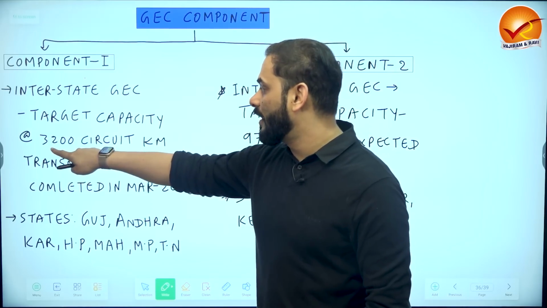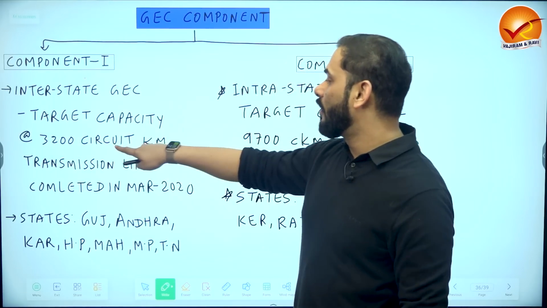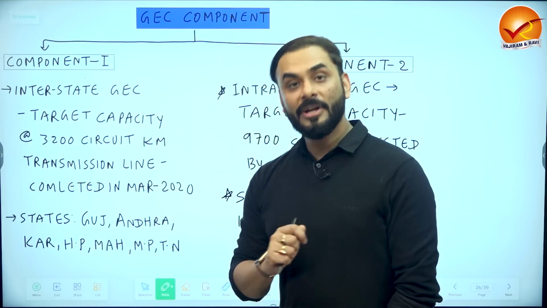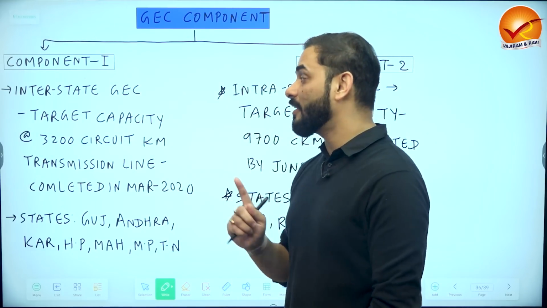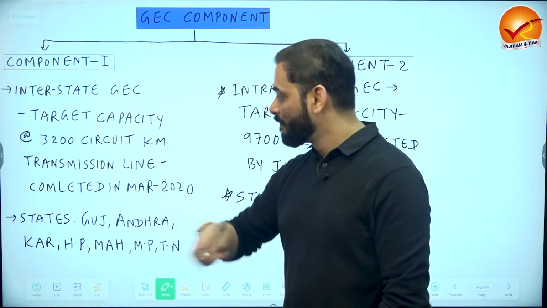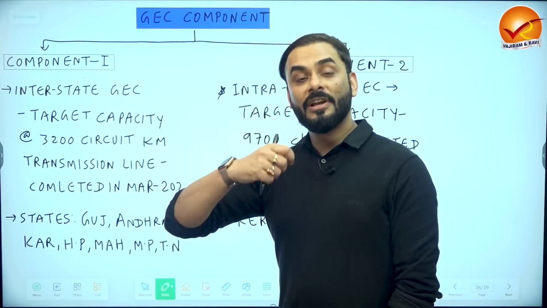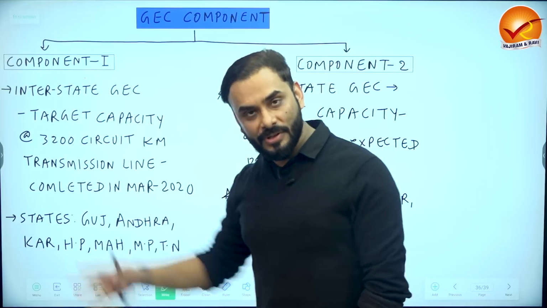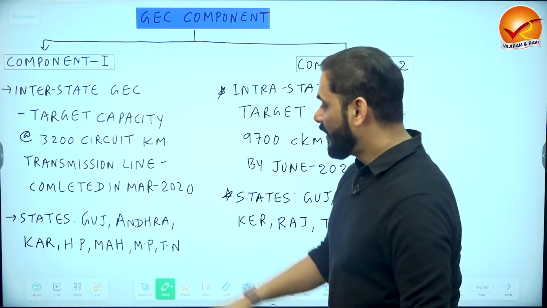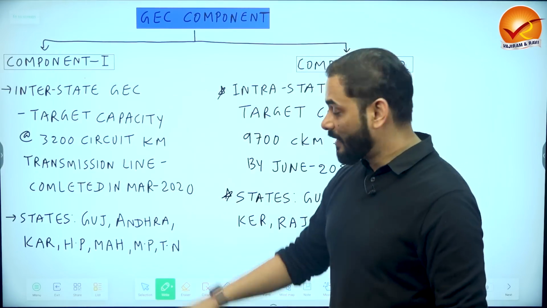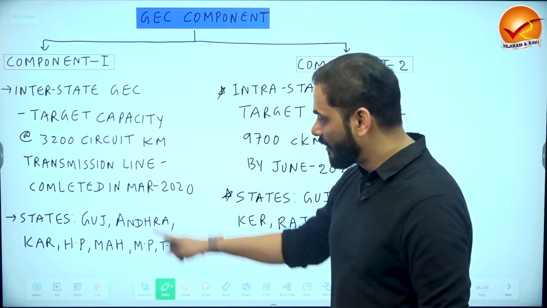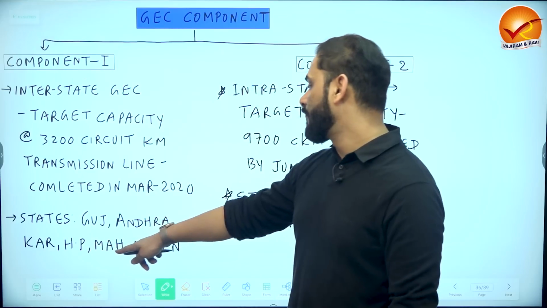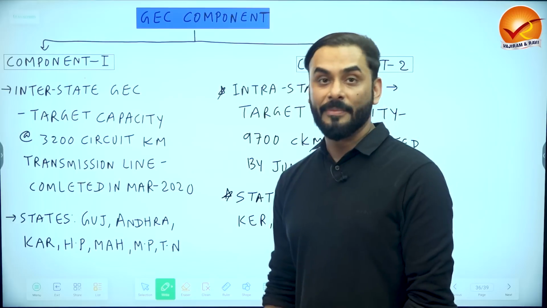The target is to create almost 3,200 circuit kilometer transmission line, which will run across states in India, from one state to the second to the third to the fourth. According to the economic survey, it was already completed by March 2020. The states covered under it were Gujarat, Andhra, Karnataka, Himachal Pradesh, Maharashtra, Madhya Pradesh and Tamil Nadu.